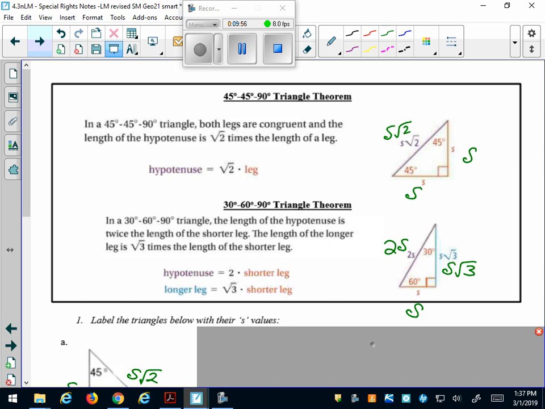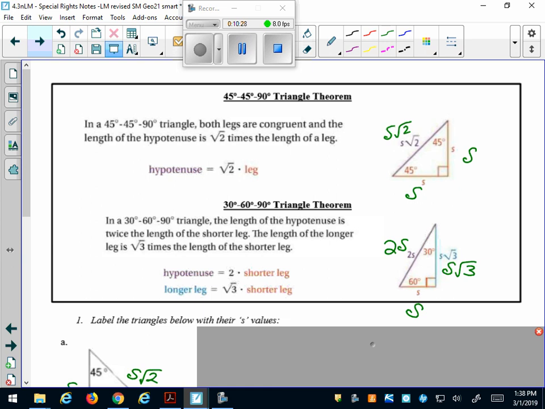Now, how you memorize them could vary. Different books show it different ways. Our book uses the letter S, so I'm going with S. In a 45, 45, 90 triangle, each side that's across from the 45 degrees, we're going to label it S for side.